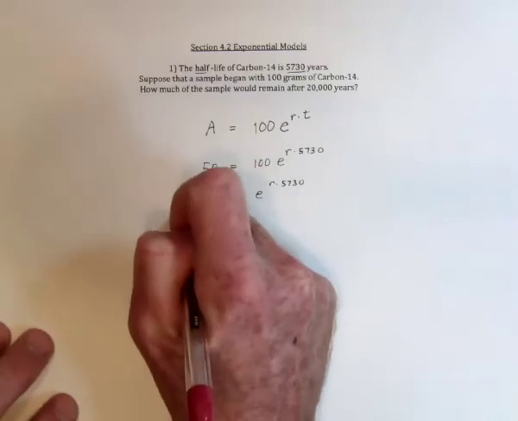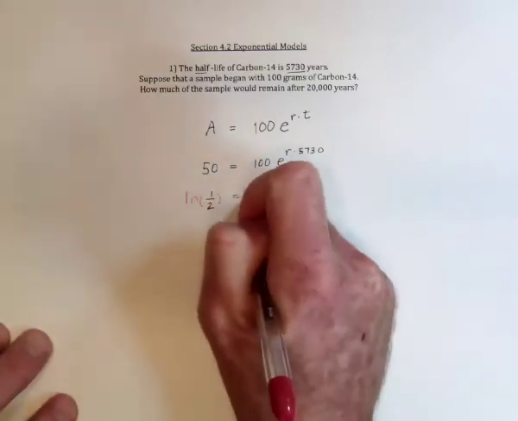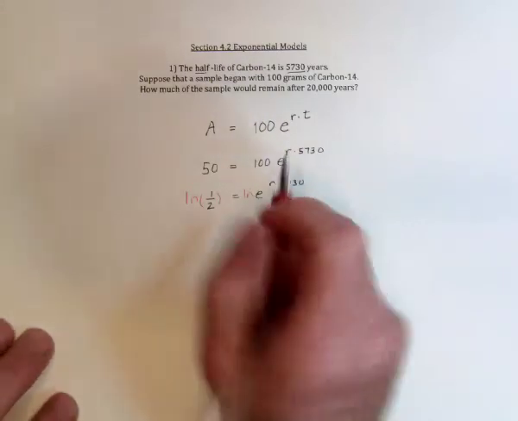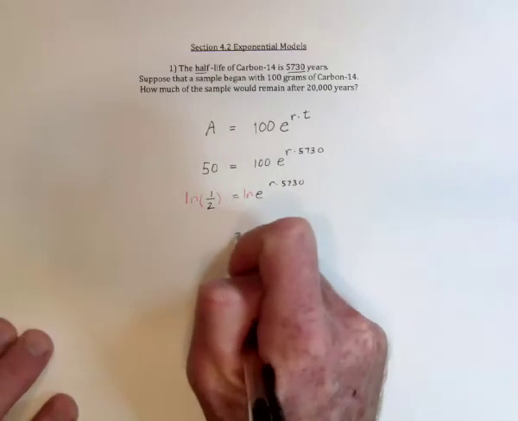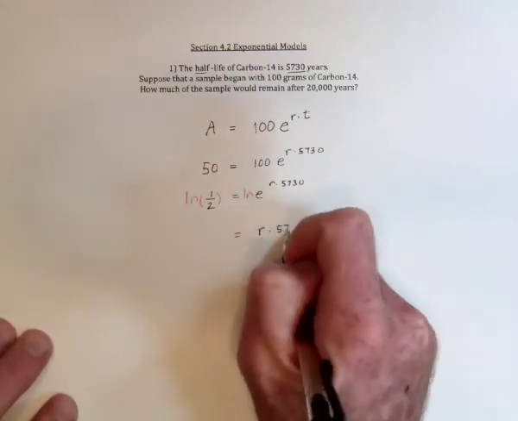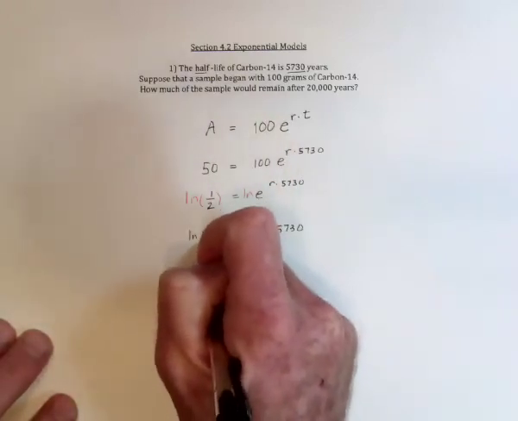So use the opposite, which is the natural log function. Take the natural log of both sides. And then natural log and e are going to eliminate each other or cancel each other out. And so we'll have just r times 5730 equals the natural log of 1/2.